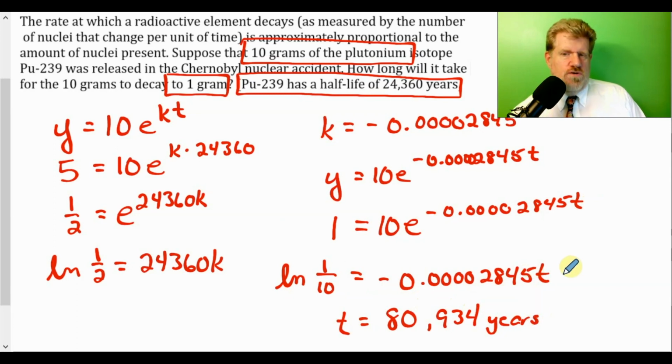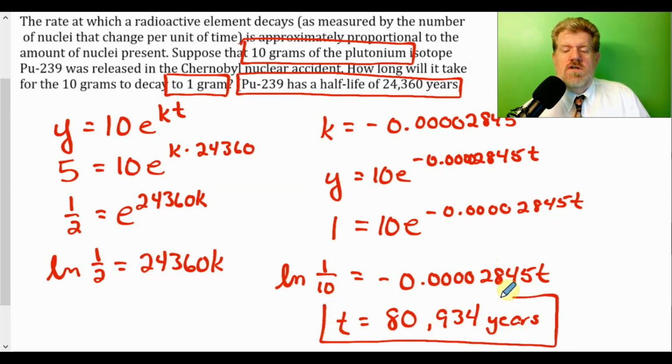Now, if you used more decimals, or if you actually stored that value in your calculator and had more accurate results, you might have gotten 80,922. We're not really worried about how accurate it is because, frankly, it's just an exercise in learning exponential decay and growth. But you should have gotten over 80,000 years, almost 81,000 years, for that to be one left.